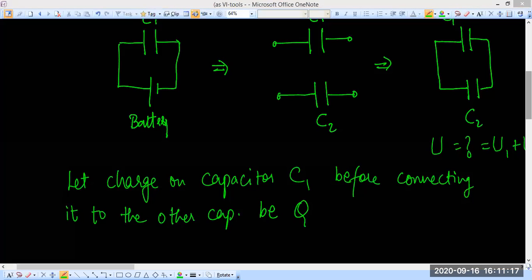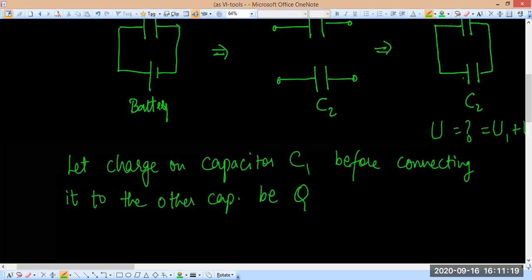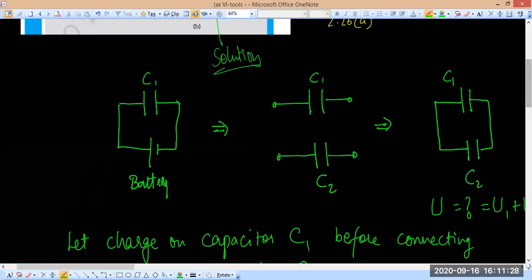You will see. Right? So before we connect this with the other one, this had a charge Q. So plus Q on this plate, minus Q on that plate. All right. Now if you are going to connect it like this, the charge will be redistributed. Right? Let me repeat.